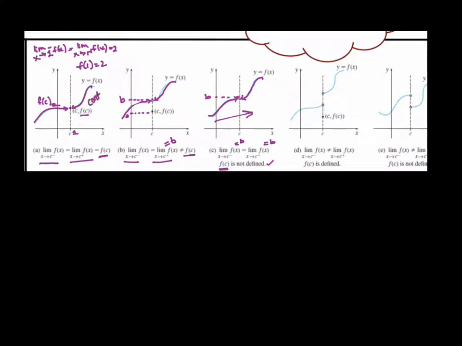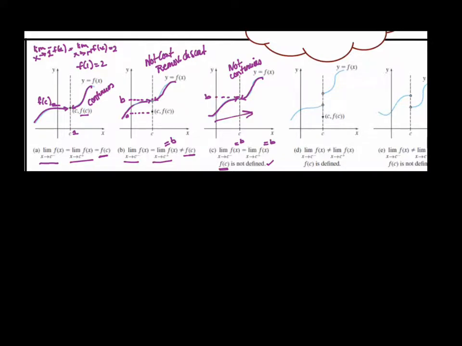You can look at the graph and tell this graph is not continuous. It has a removable discontinuity. This one right here is not continuous either.